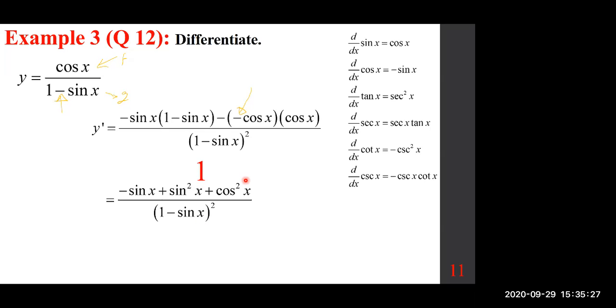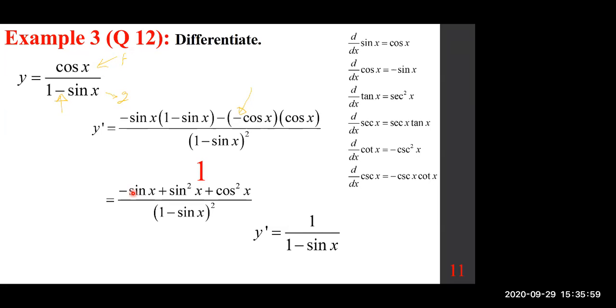So the numerator is 1 minus sine x. So one of the 1 minus sine x in the denominator goes away. Again, the numerator here is minus sine x plus 1, or simply 1 minus sine x. Okay, everybody? That's why they cancel each other.